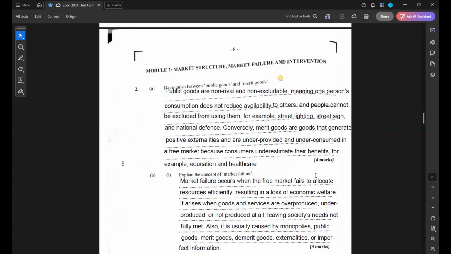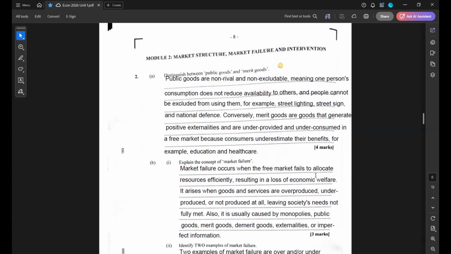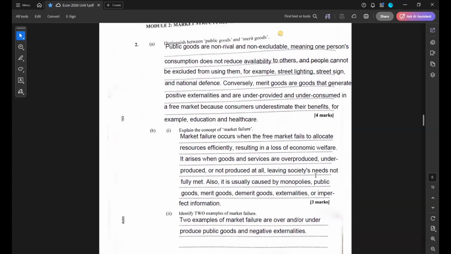Also, it is usually caused by monopolies, public goods, merit goods, demerit goods, externalities, or imperfect information. They want us to identify two examples of market failure. Now, two examples of market failure are over and or under produced public goods and negative externalities. Yes, these two are examples of market failure.